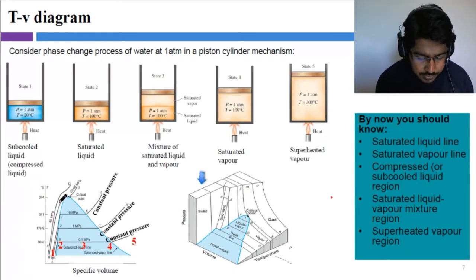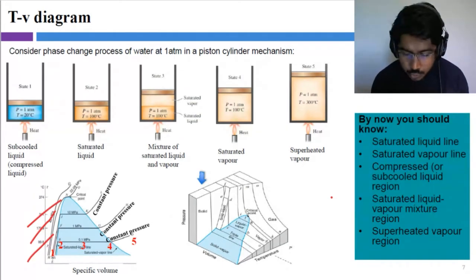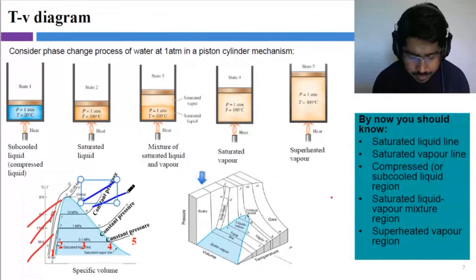The left side of the saturated liquid line is going to be the liquid region, so we call it subcooled or compressed liquid. Then we have the superheated vapor region here.